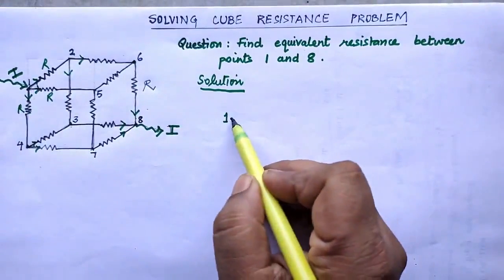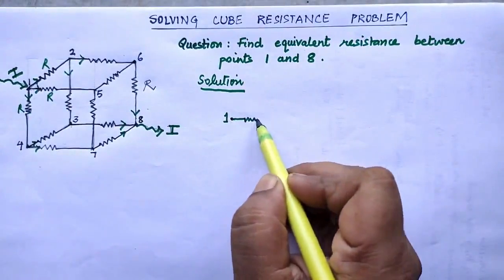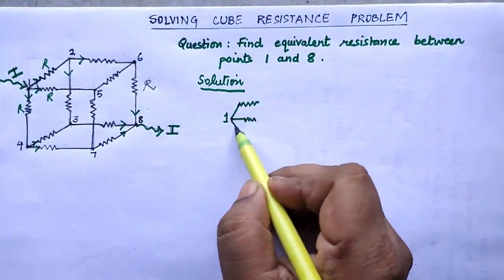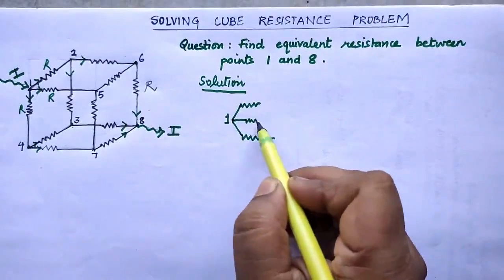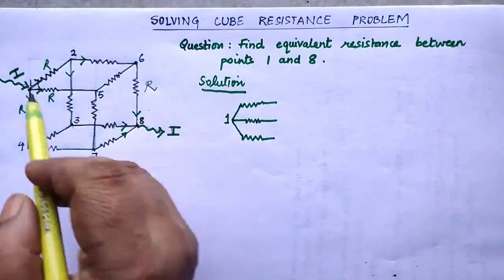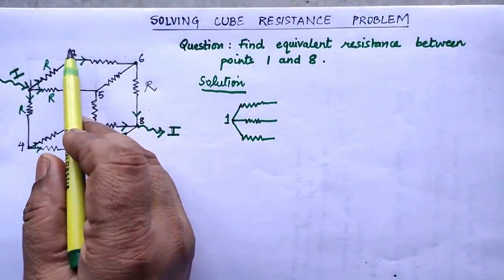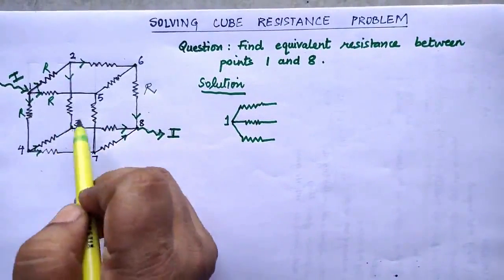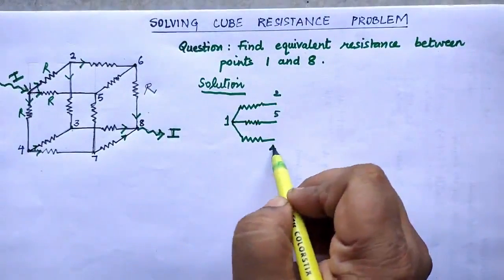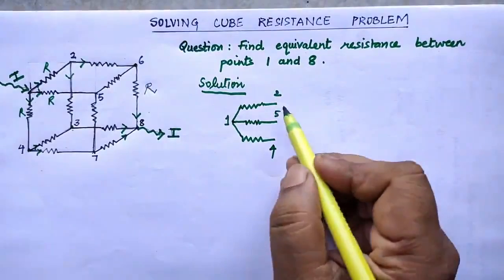So we will draw resistances 1, 2 and 3. These are the 3 paths in which the current can move and it reaches point 2, point 5 and 4. So let's label it 2, 5, 4, right?